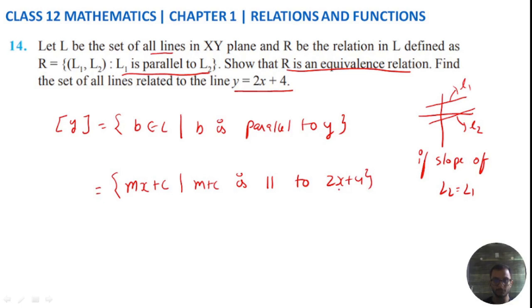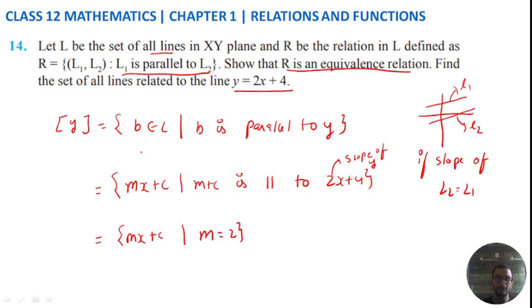And what is the slope of 2x plus 4? It is of the form mx plus c, so the slope is 2. So it will contain all lines mx plus c such that m equals 2.